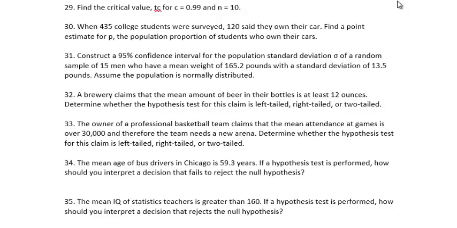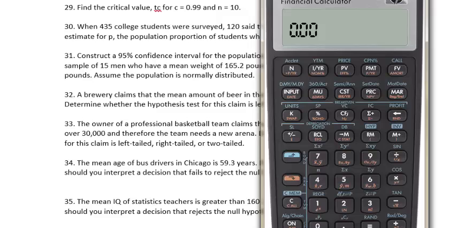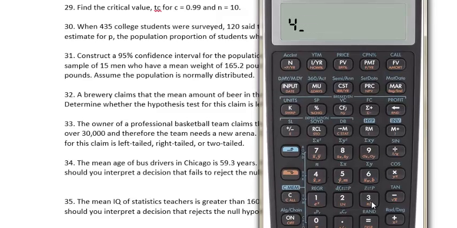So 435 and 120 have their own car. So that would mean 120 divided by 435, which is what? Well, let's take out the calculator. 435 divided by 120 is your mean. I'm sorry, of course it's the opposite.